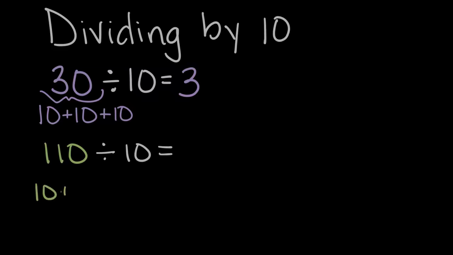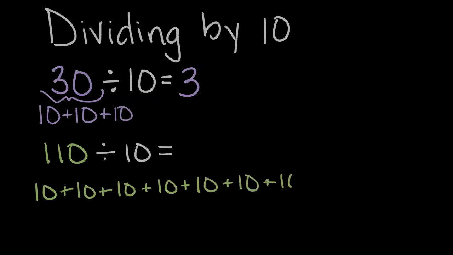There's 10, plus another is 20, 30, 40, 50. Another 10 gets us to 60, 70, 80. We're getting closer. 90, 100, and 110. So this right here is how many groups of 10 it takes us to get to 110.